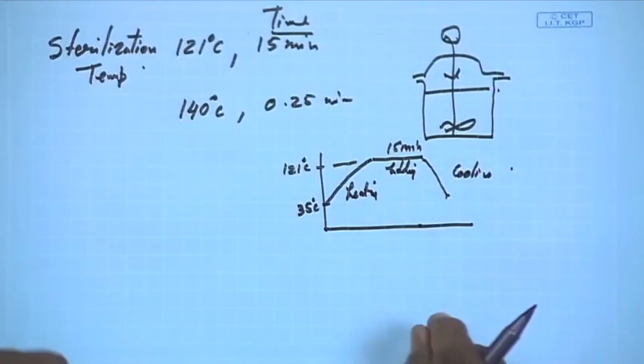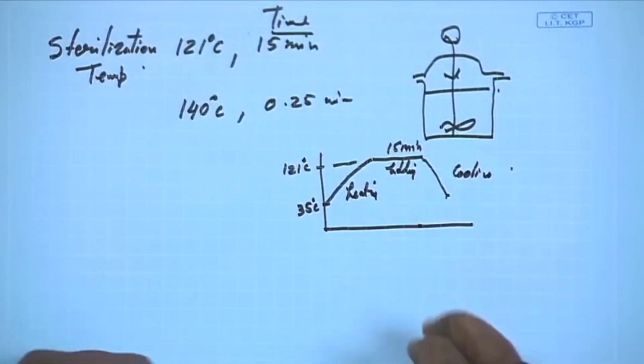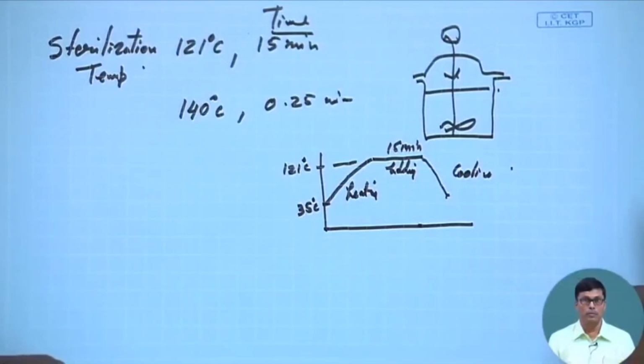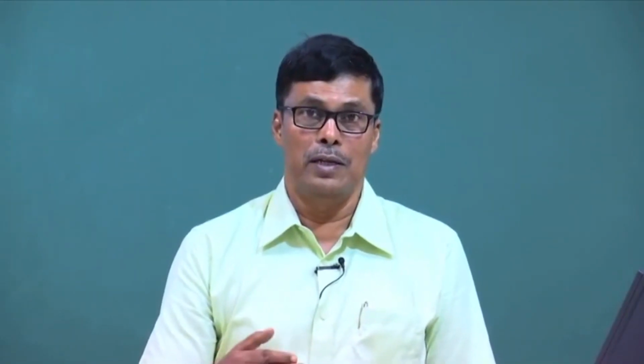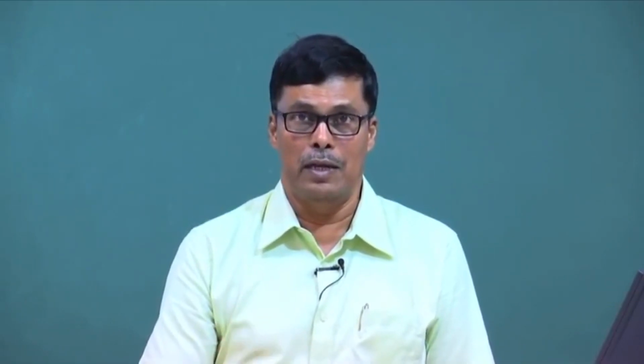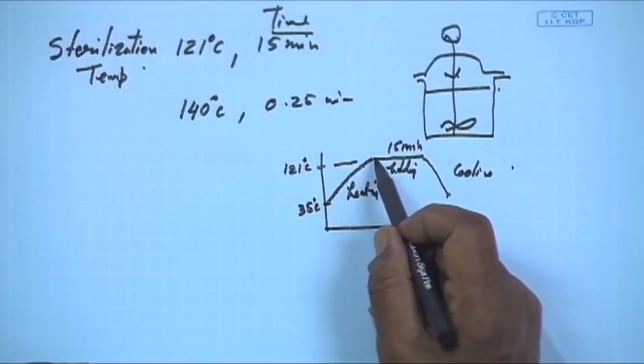Now we have seen that the death of the organism depends on the temperature. We have seen just now that as you increase the temperature, the Kd value changes drastically. So at different temperatures you have different Kd values.